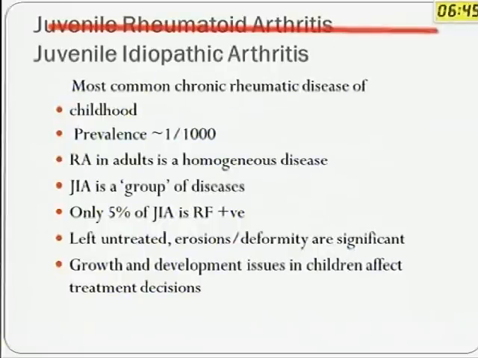Children have a group of disorders, not a single homogeneous kind of disease. Children are rarely rheumatoid factor positive. And most important of all, children are getting arthritis in the background of a growing skeleton, where deformity and disability can be far worse if you don't attack it early.